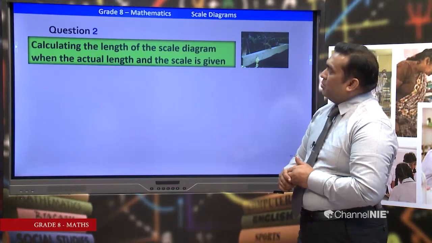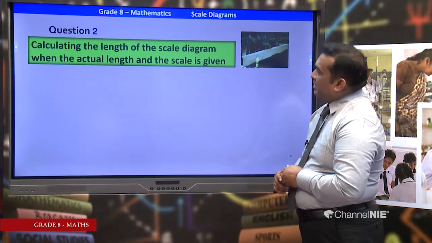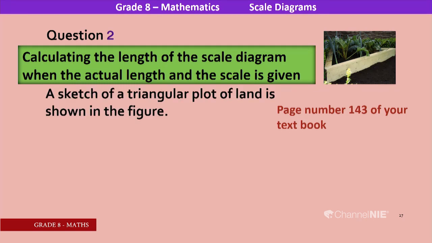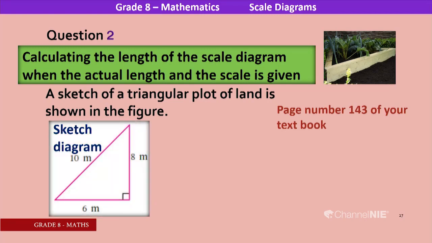Now question number 2, calculating the length of the scale diagram when the actual length and the scale is given. Page number 143 of your textbook. A sketch of a triangular plot of land is shown in the figure. Sketch diagram.